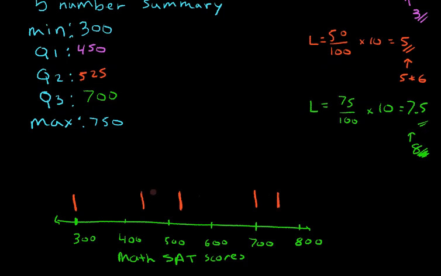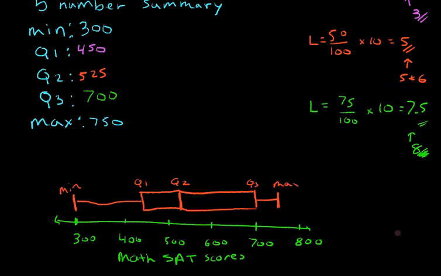Now connect the middle 3 lines to make a box. Then make whiskers by connecting that box to the min and the max. So here's the min, here's Q1, Q2, Q3, and the max. Great, so there's your box plot. It's just a way to visually see your 5-number summary.